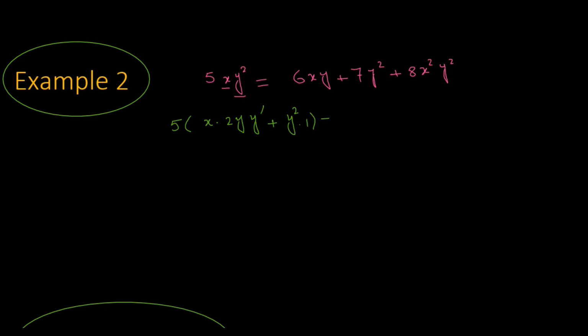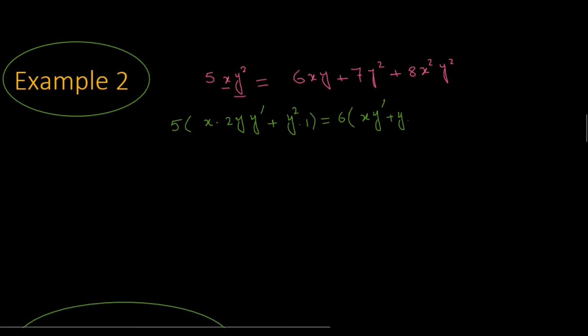Which is equal to 6, and on this side you can see it is x and y. There are two functions, x and y. In the similar way, x as it is and derivative of the second, which is y prime, plus y as it is and derivative of the first, which is x. First as it is, derivative of the second, plus second as it is, derivative of x with respect to x, it is 1.